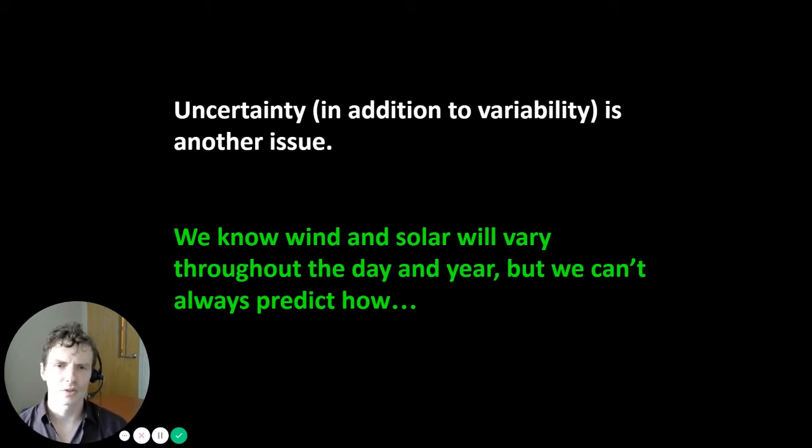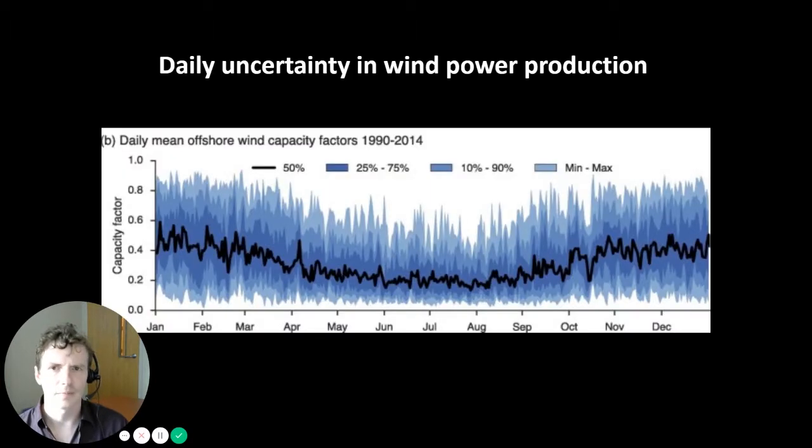If we were just relying on wind and solar that were both variable resources, but we could predict exactly how they could vary, that would be significantly easier to manage because a day in advance we would know if we were going to have wind power production or not, and we could plan accordingly. But part of the challenge in integrating variable renewable energy is that those fluctuations we can't always predict.